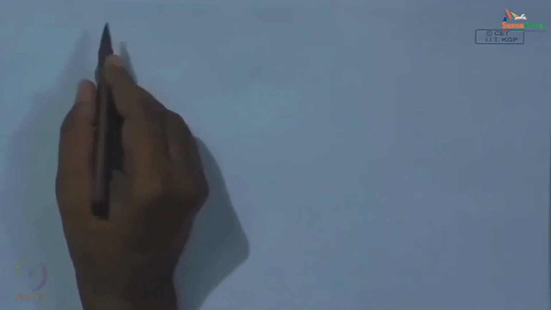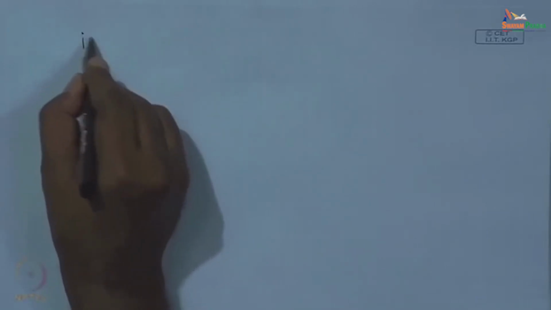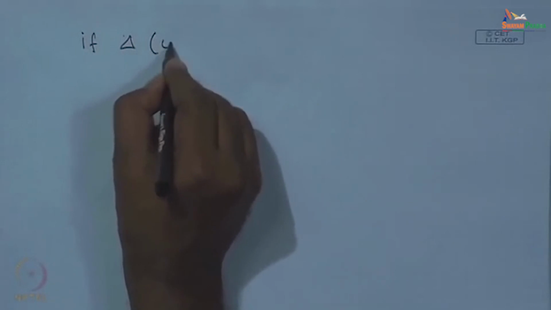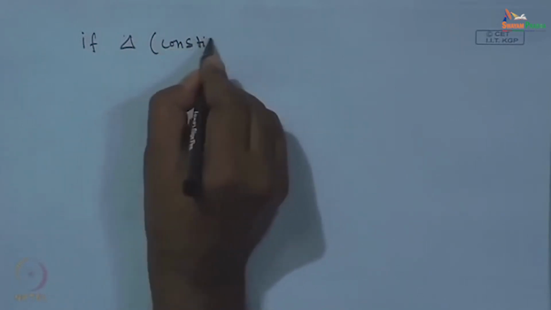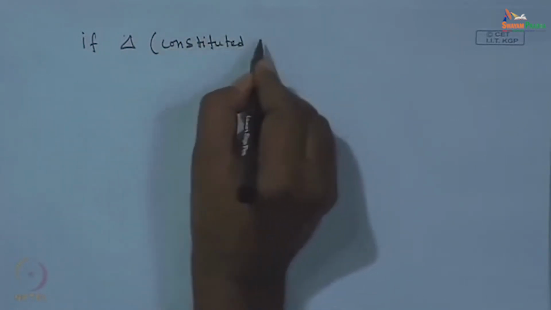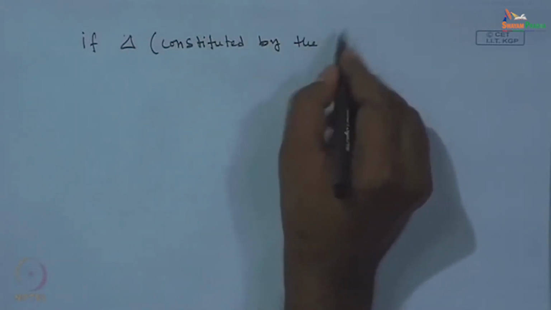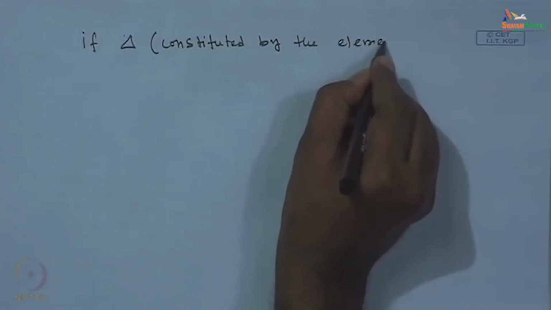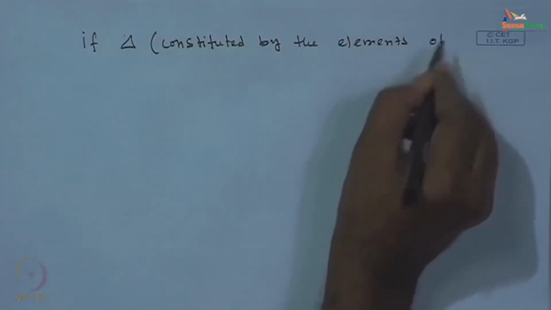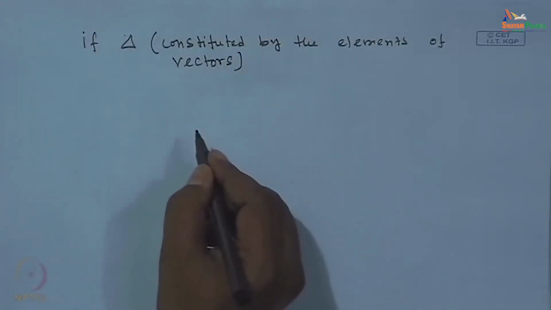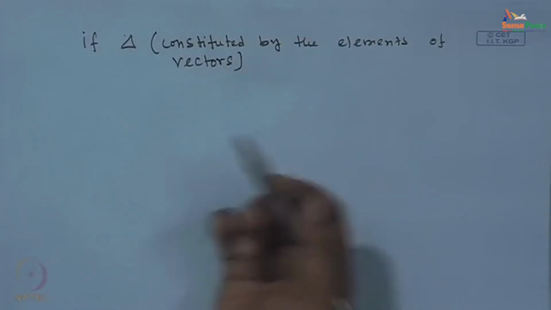So, let us try to summarize whatever we have done. The determinant is constituted by the elements of the vectors.